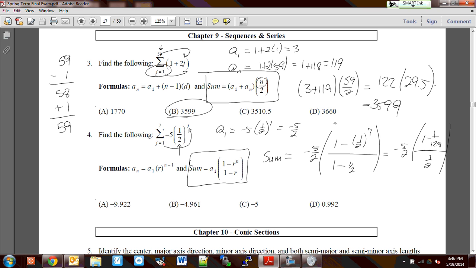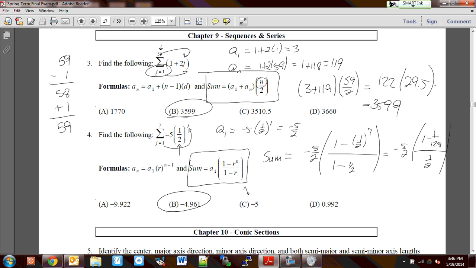And this is going to come out to, let me get the decimal, negative 4.961. Again, you can just stick this into the calculator and go from there. Okay, and that's all there is to that one.